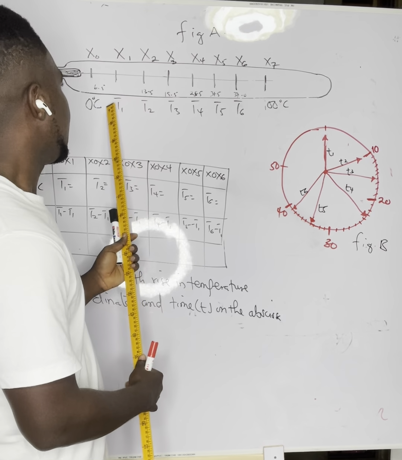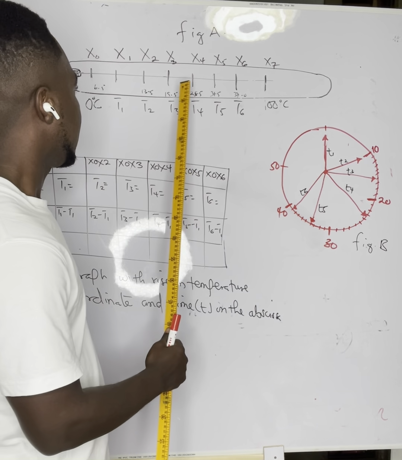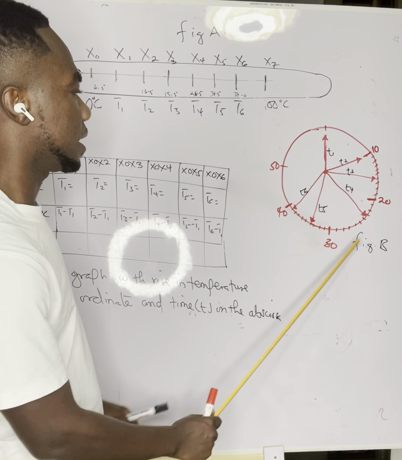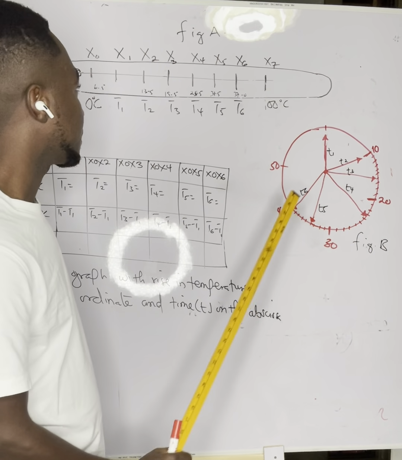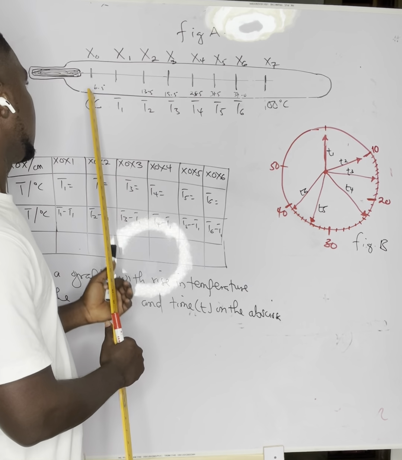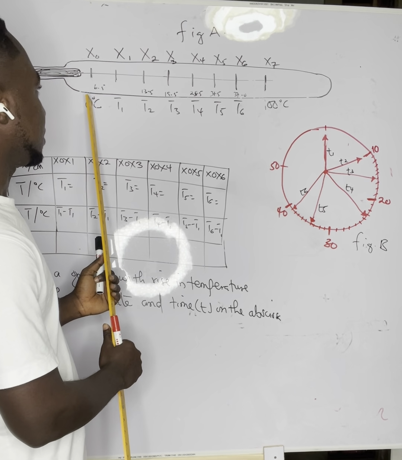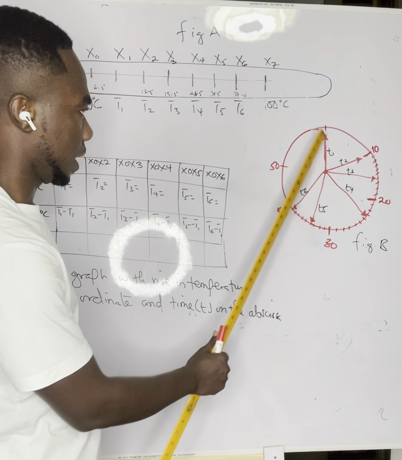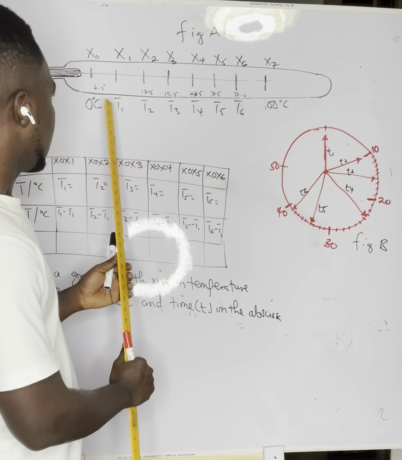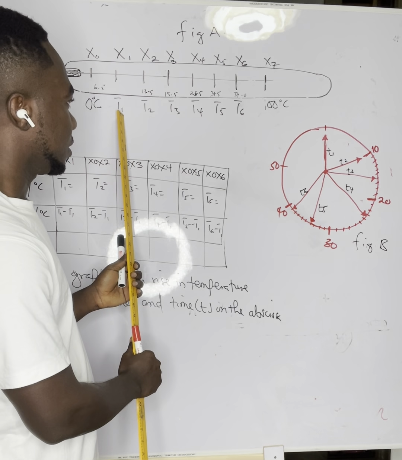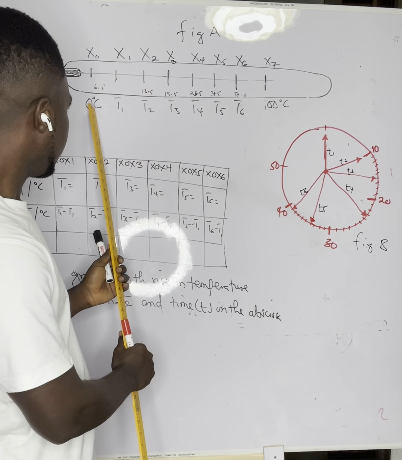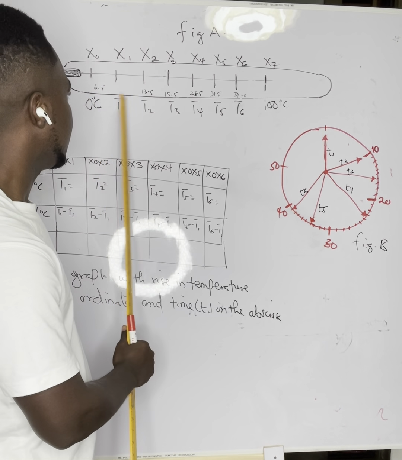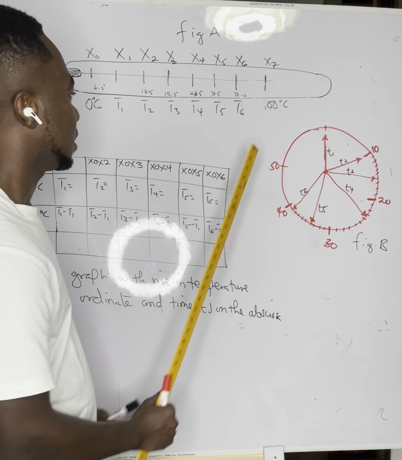The thermometer is used to measure the temperature of a liquid at various time intervals, as seen in Fig B. So at 0 degrees Celsius, the corresponding time is T1. From 0 to T2, we have T2 here.